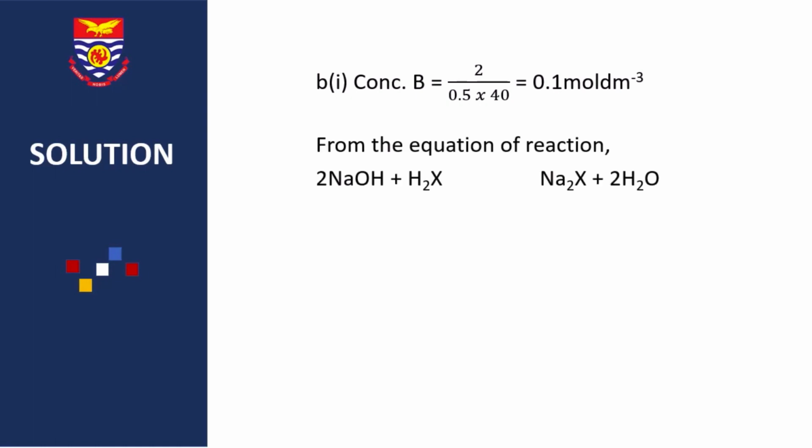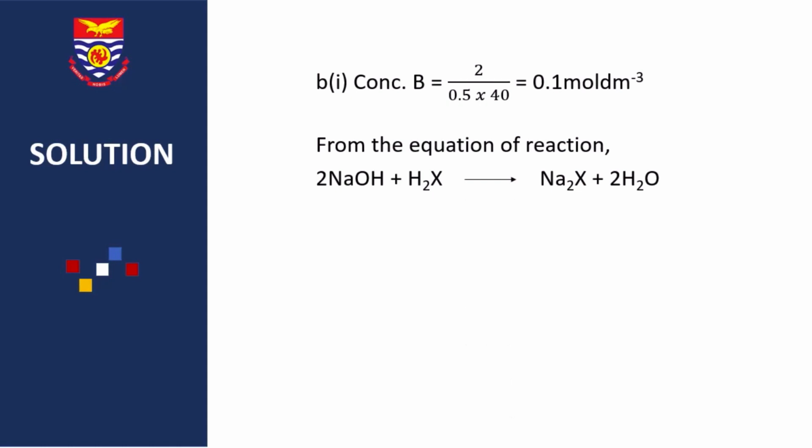Now, if we were to use the other method, then we'd be interpreting the concentration as 1000 cubic centimeters containing 0.1 mole of B. But here we are using a different approach, and we can see which one of them is simpler.